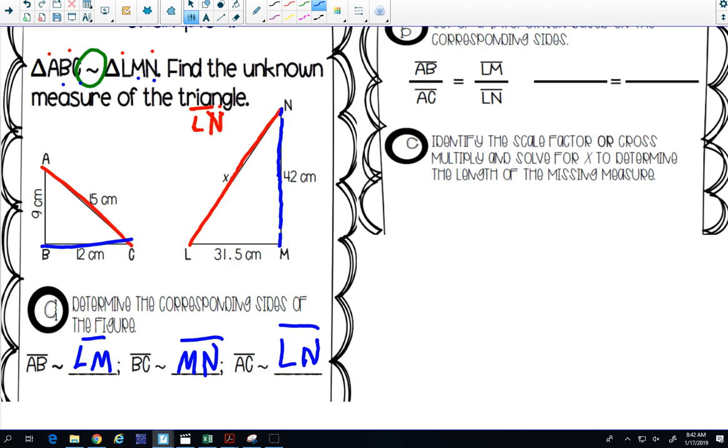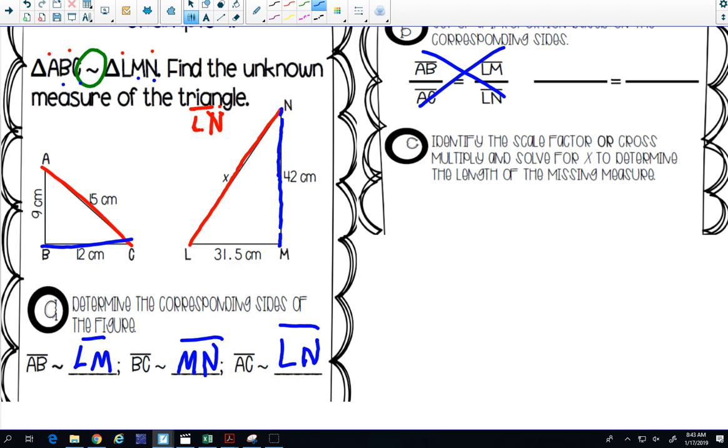Now, once I have this, I can write my proportion. The side length of AB, we're not going to use. I think you have some room on your paper. Let's go ahead and put an X through that because that's not the one that we chose to look at.